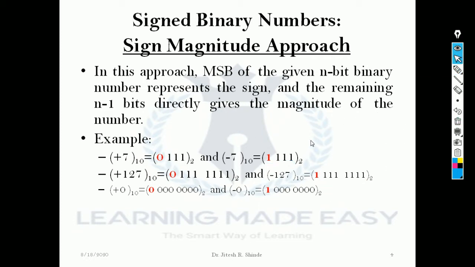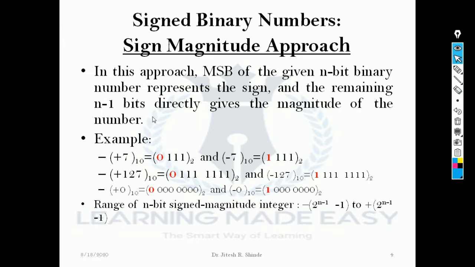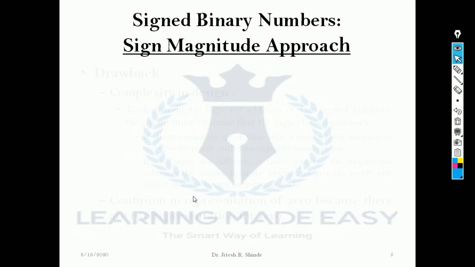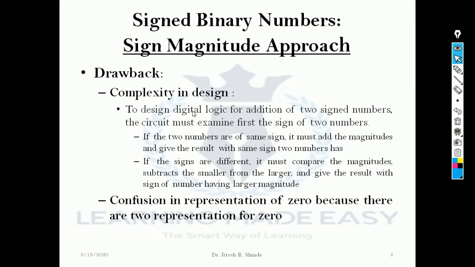Further, we had also seen the drawbacks. Before that, the range of an n-bit signed magnitude integer in a generalized way can be obtained using the formula minus 2 to the power n minus 1, minus 1, to plus 2 to the power n minus 1, minus 1. Drawbacks: complexity in the design and confusion in the representation of 0, because there are 2 representations for 0.